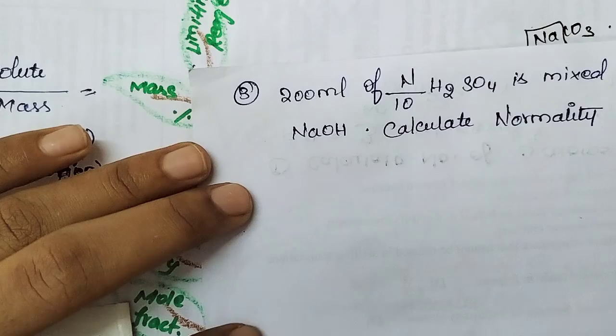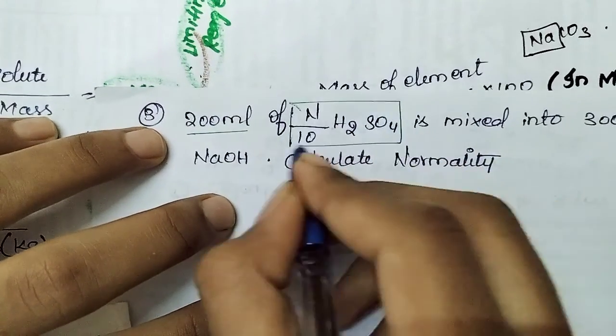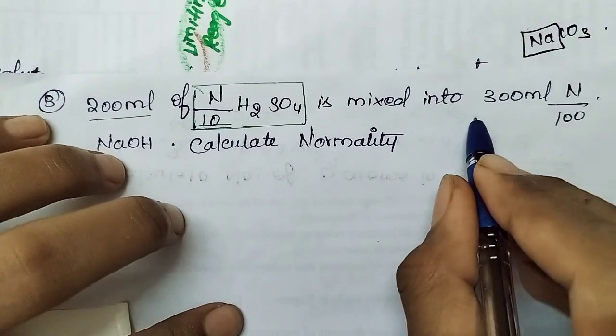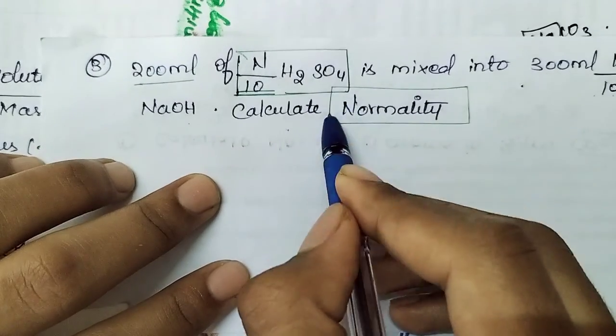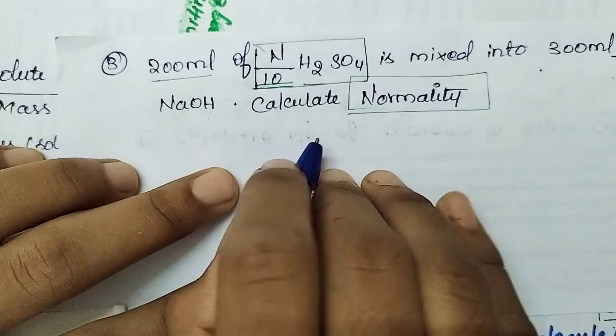Now this question: 200 ml of normality 1 by 10 H2SO4 is mixed with 300 ml of normality 1 by 100 sodium hydroxide. They have asked for the total normality. One formula I have to tell you now.